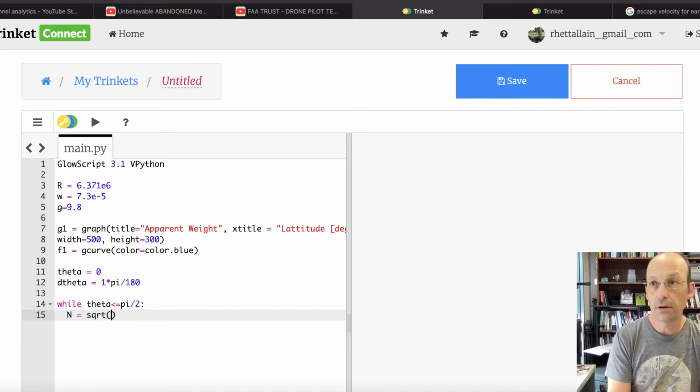So the square root of parentheses G minus, I think the G is going to cancel, but that's fine, omega squared times R, and I'm pretty sure it does a square, not 2 raised to the 2R power, times cosine squared, so I'll say cosine theta squared, and then all that squared, and I did this wrong.